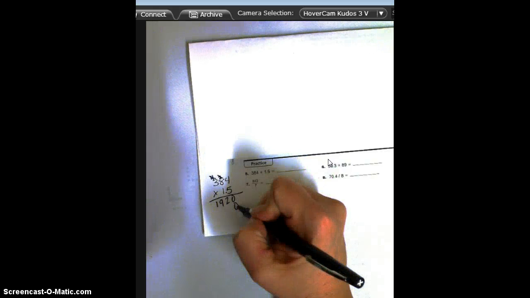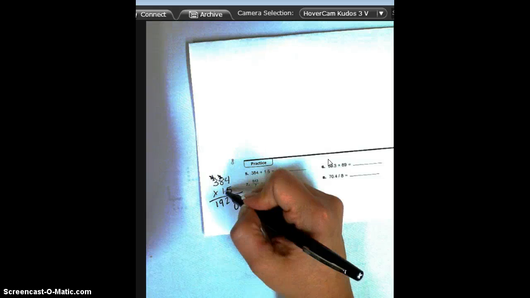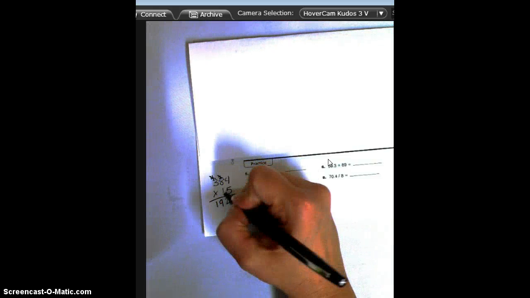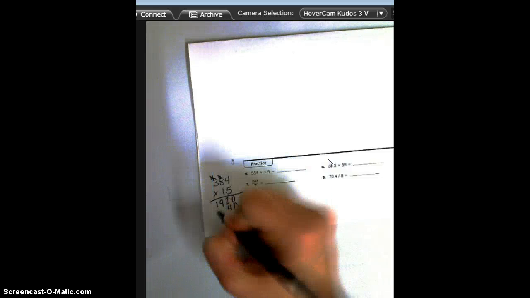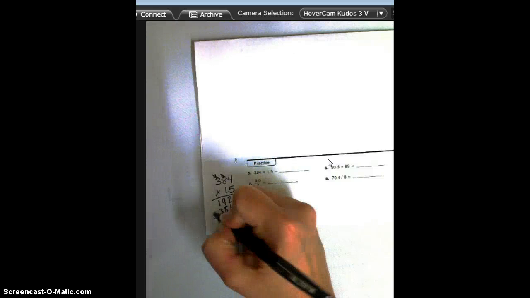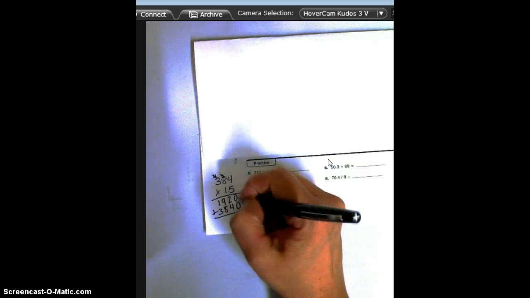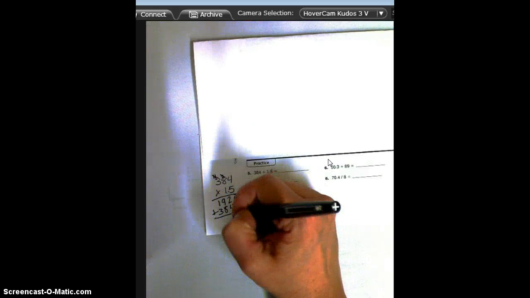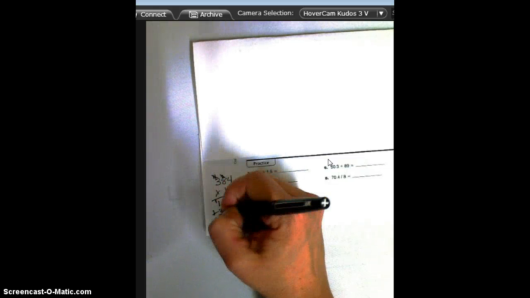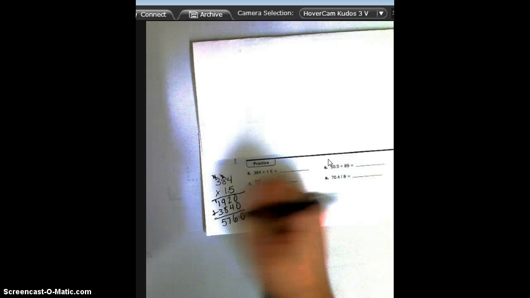And remember, we add the 0 because the 1 isn't really a 1, it's 1 in the tens place, so that shows us that it's in the tens place. 1 times 4 is 4, 1 times 8 is 8, and 1 times 3 is 3. We'll add them all up, and then we'll count our decimal places. 0, 6, 17, so we'll carry 1, 3, 4, 5. So we get 5, 7, 6, 0.